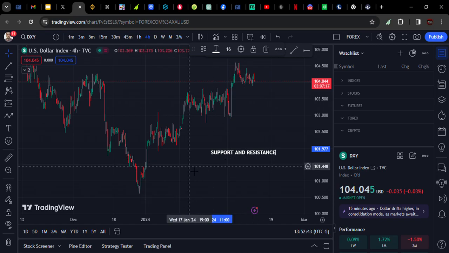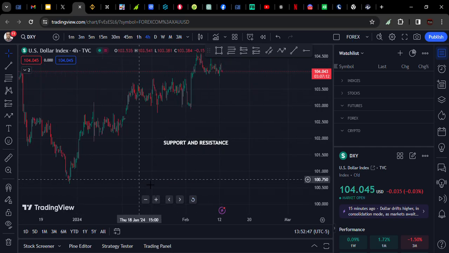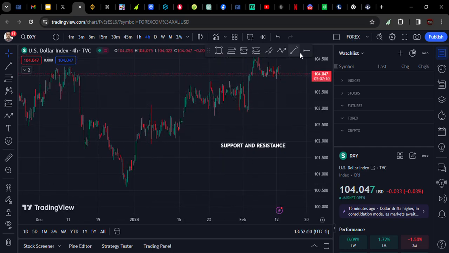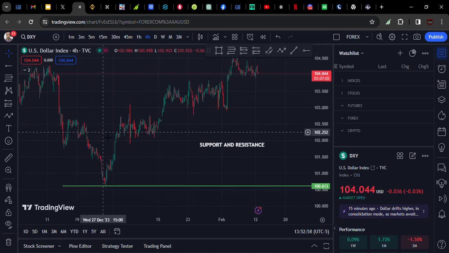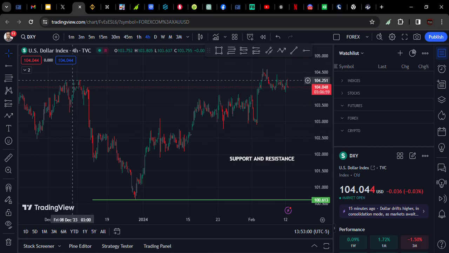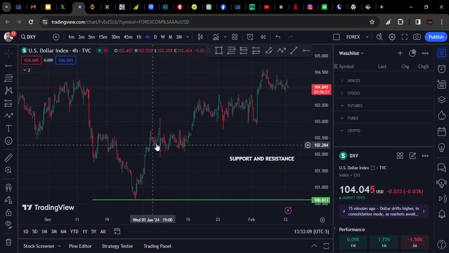So now, what is support and resistance on the trading chart? Support is the place that whenever price comes to, it bounces, it supports the price to go back up. Let me draw this green line now. So you see, people were selling. There were a lot of sellers in the market. They were selling. When price got to this place, it supported the price, it bounced the price, and price started going back up.